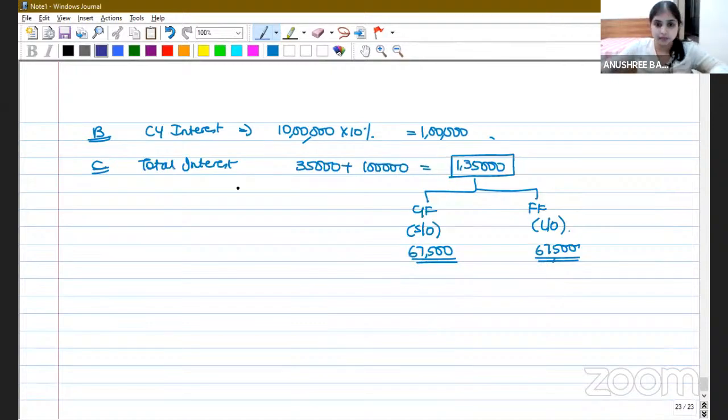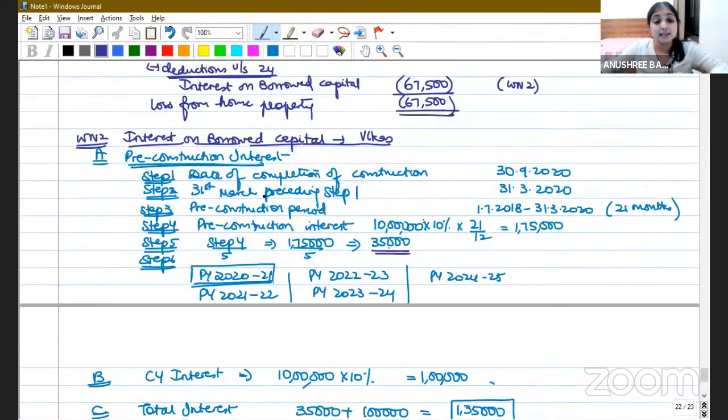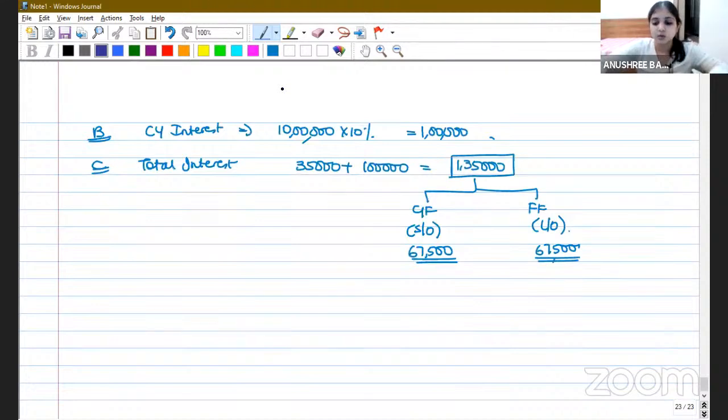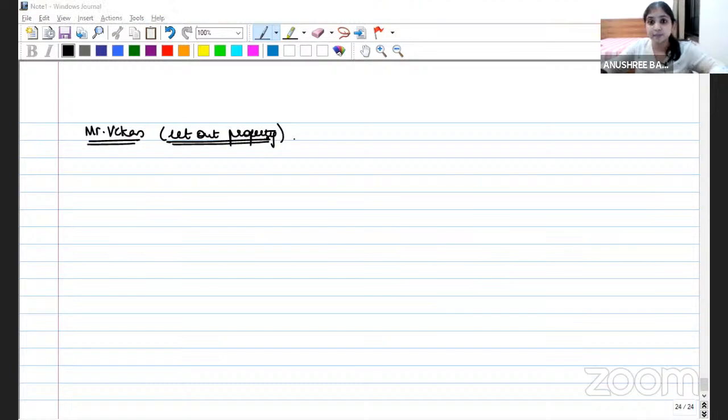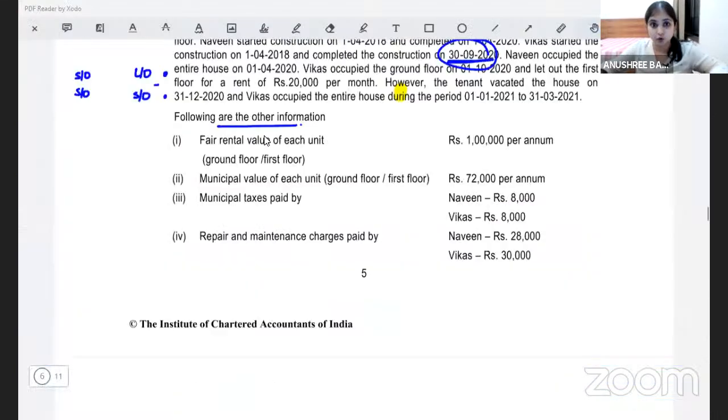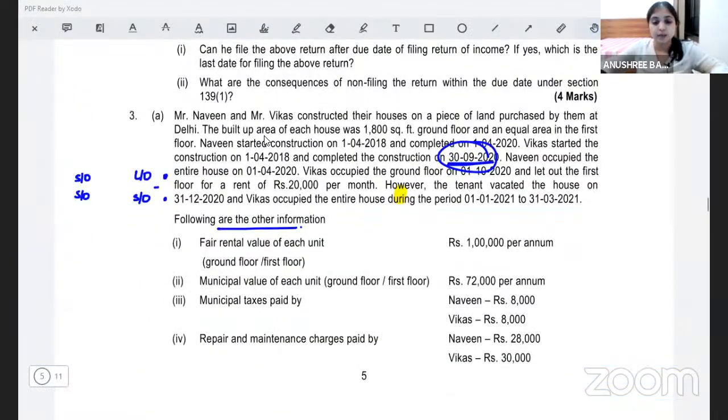But the same Mr. Vikas also has a let out portion. So for that, we will begin the calculation. So write down Mr. Vikas let out property. For let out property, we start the calculation. Why let out, by the way? Part of the year it is self-occupied, part of the year it is let out. Do you see what is given over here?